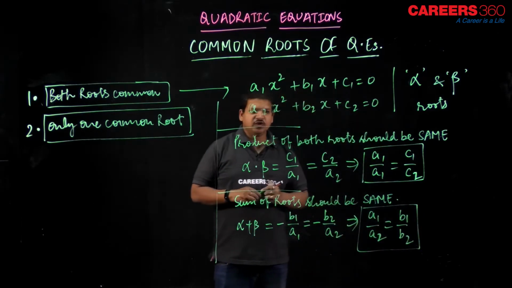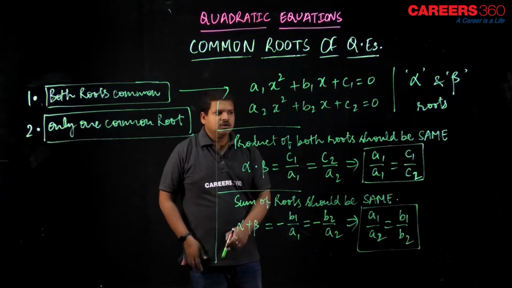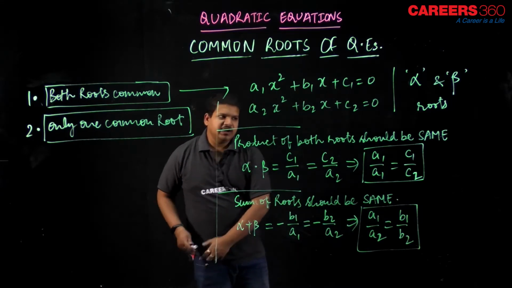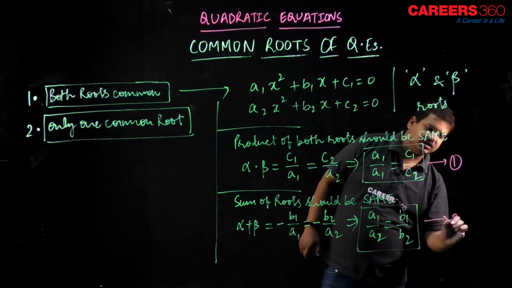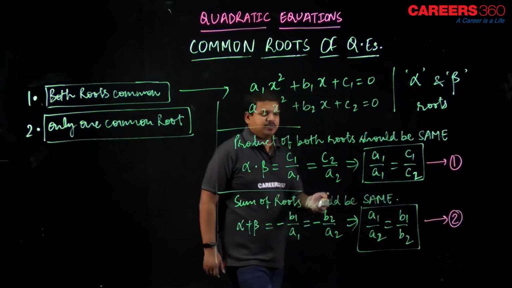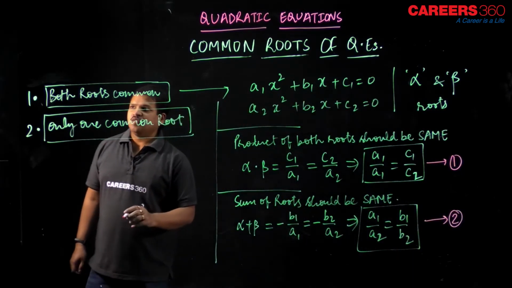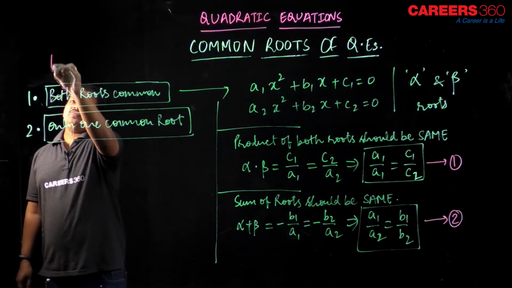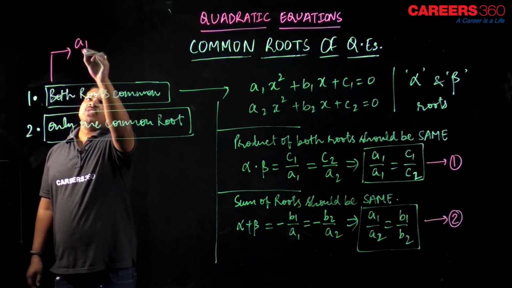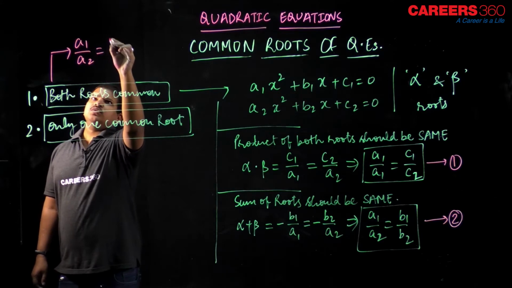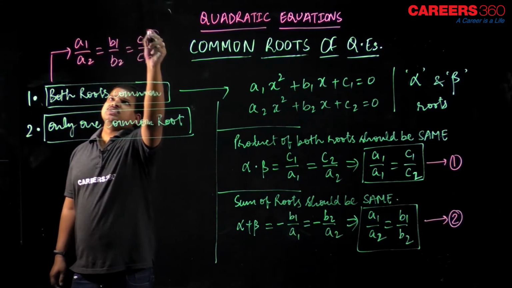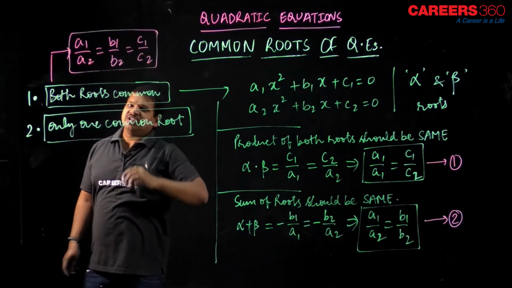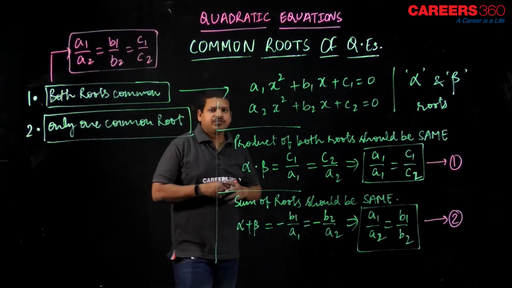This result came from second. So if I compare my first and second value, what I am achieving from here, that if both the roots are common, then a1 upon a2 is equals to b1 upon b2 is equals to c1 upon c2. This is one condition that I have achieved.